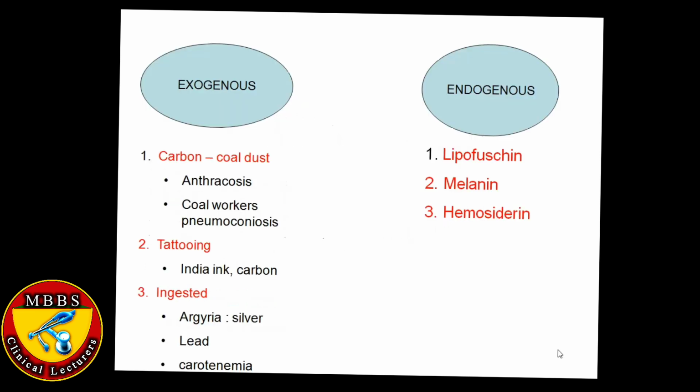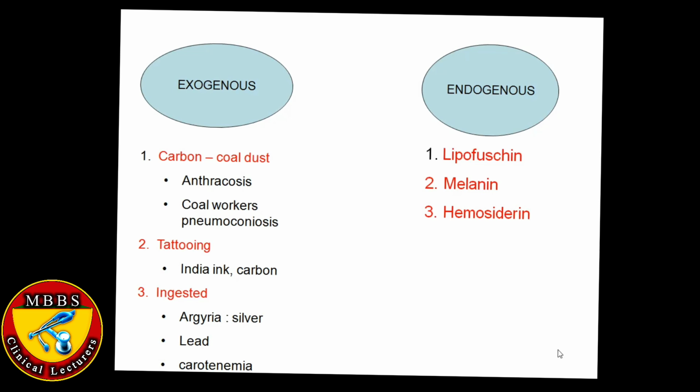Exogenous pigments include carbon, such as coal dust, in a disease we call anthracosis or coal worker's pneumoconiosis; tattooing, for people who get different tattoos on the skin; and ingested substances like lead, carotene, silver, etc. These pigments enter into different cells.